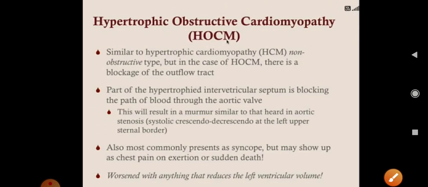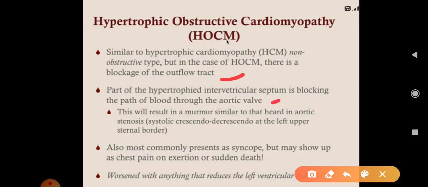Now, hypertrophic obstructive cardiomyopathy is similar to the non-obstructive type, but in HOCM there is blockage of the outflow tract. Part of the hypertrophied interventricular septum is blocking the path of blood through the aortic valve.